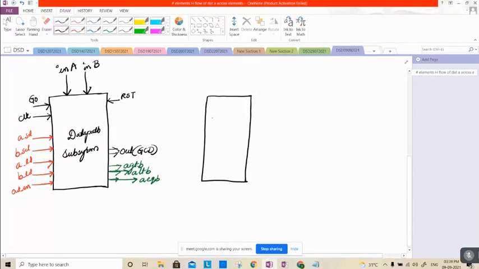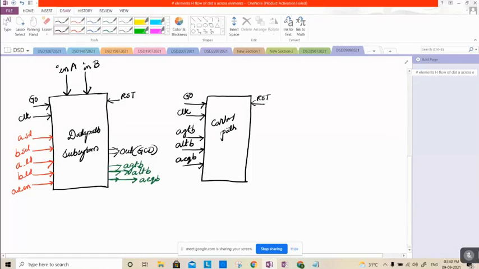So now the control path, or the controller, is going to accept the inputs from the data path, such as the value of A greater than B, A less than B, and A equal to B. In addition to this, it also takes the go signal, the clock signal, and the reset signal.